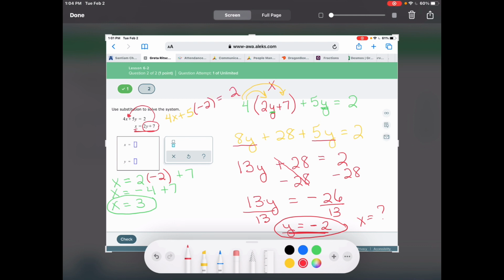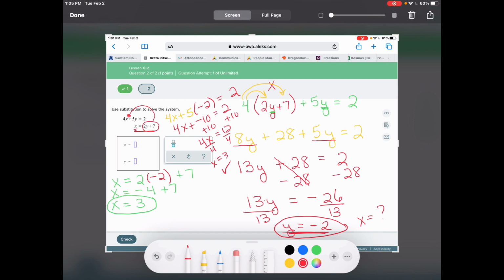So I have 4x plus negative 10 equals 2. And so I'm going to add 10. This is why I chose the other one first, because it looked like it was less steps. 4x equals 12. Divide by 4, and I get x equals 3. That's just kind of a check. You can always do that if you feel like you need a little backup.